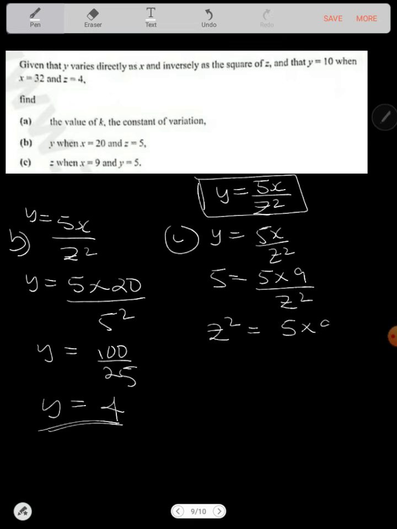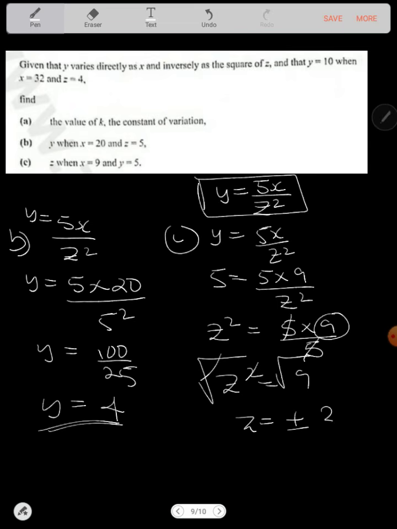It becomes like this, over 5. Now this 5 and this 5 are going to cancel each other. So we have z squared is equal to 9. To remain with z, you square root both sides. So z is equal to positive or negative root of 9. So z is equal to positive 3 or z is equal to negative 3.